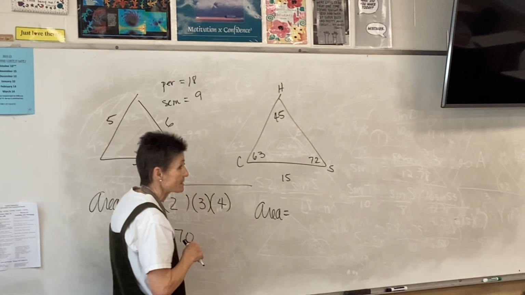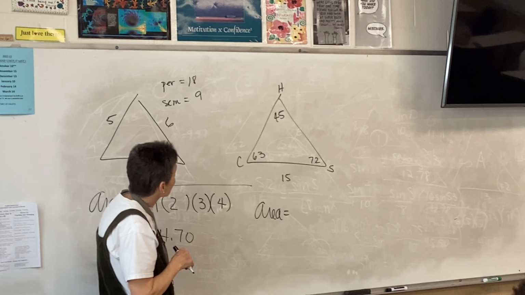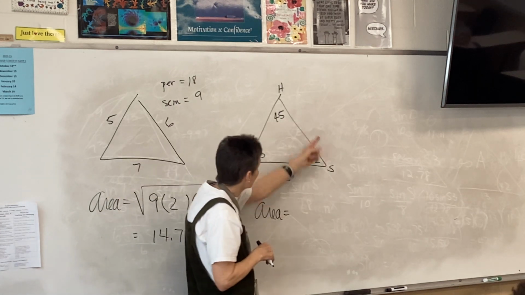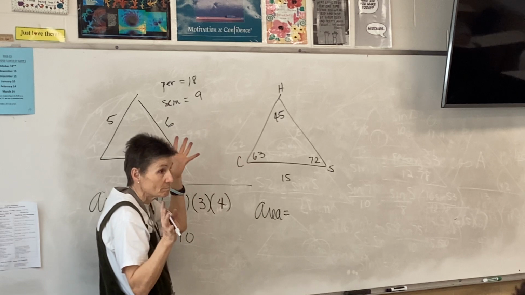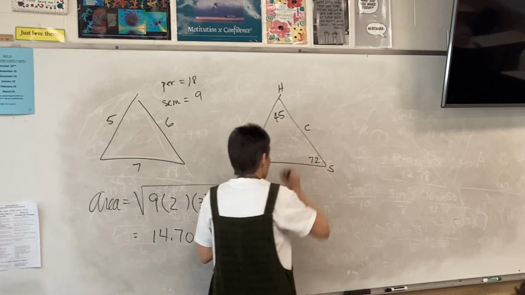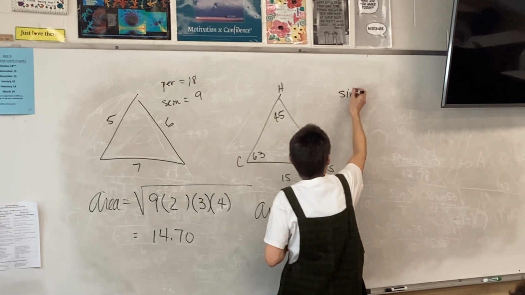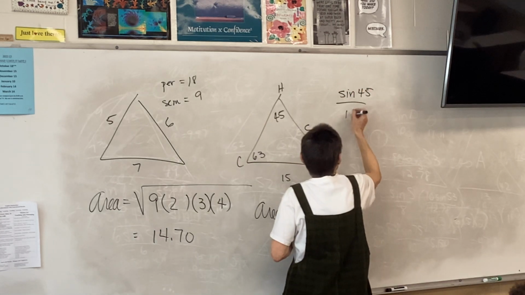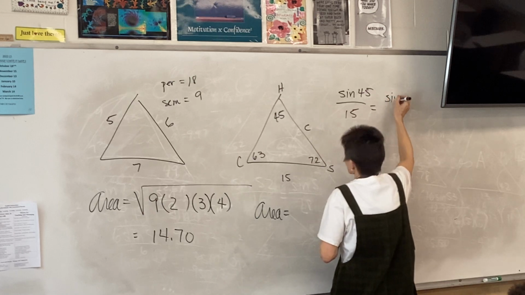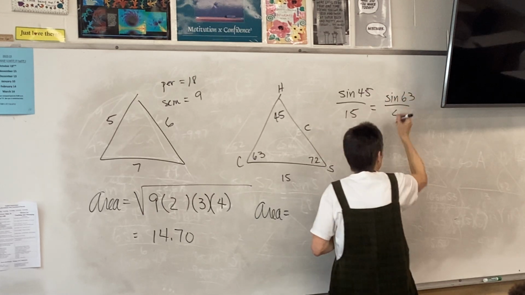Do we care what side we find? We're either going to find C or we're going to find S. Pick one. C? Alright, we're going to find side C. So our law of sines is going to say sine 45 over 15 equals sine 63 over C.